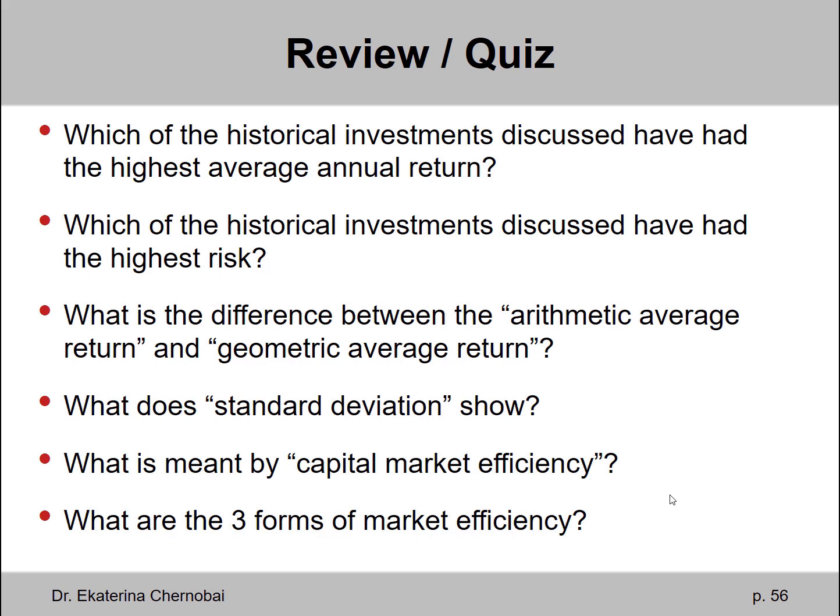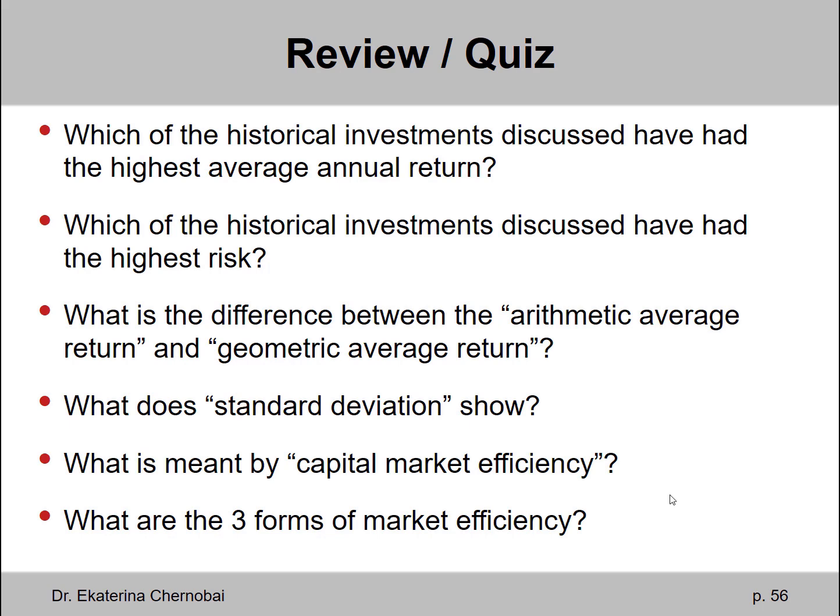Now, what is the geometric average return? Here, your investment period is not 1 year. It's longer than that. So let's say you're given a 4-year investment period. In this case, you need to consider the entire investment period, all, let's say, 4 years. And you need to calculate what's implied about the return you're making every year that would be compounded annually.